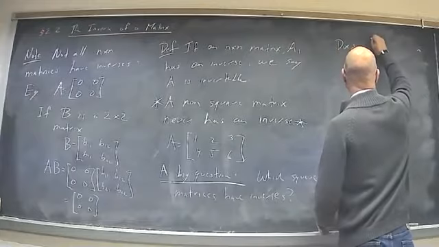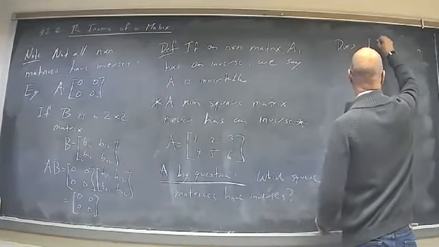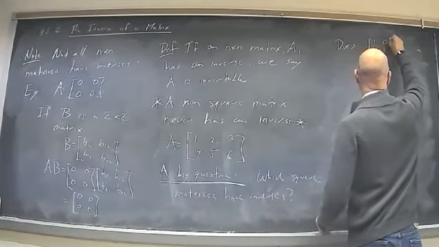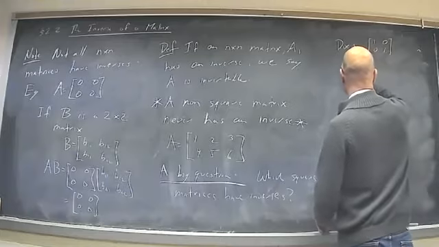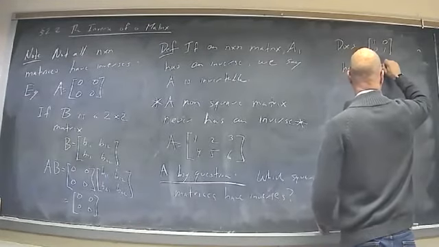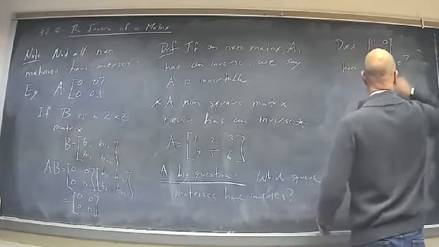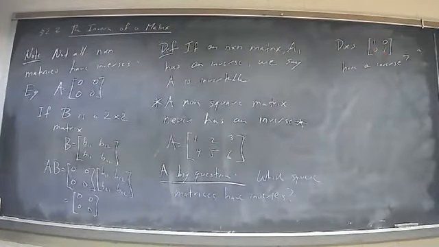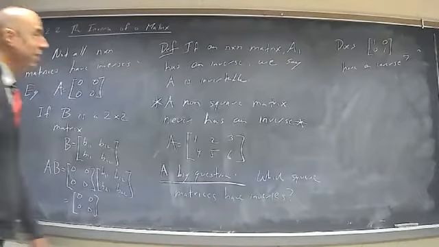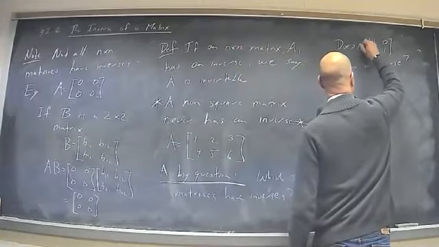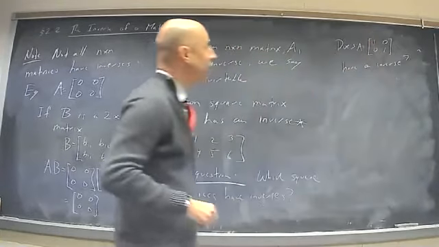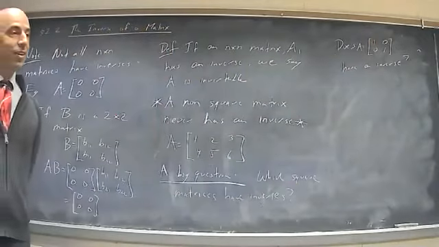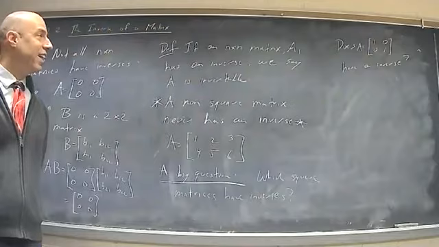Does the matrix 1, 0, 0, 1, the identity, have an inverse? Is there something I can multiply that by in either order? Let me call this A. We can also call that I, the identity.